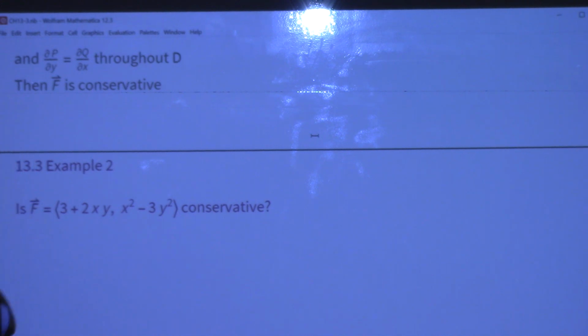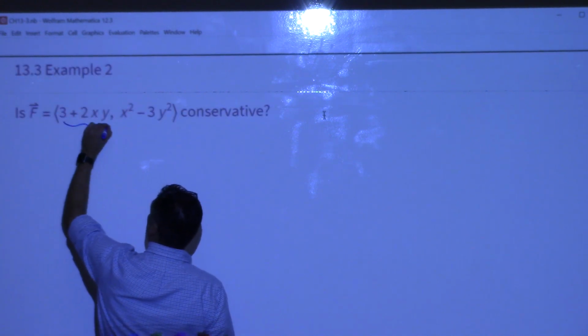For conservative, if F is some field given to us, I'm going to write P, Q instead of P of x, y, Q of x, y. It's just some function, P, Q. Then F is conservative if partial P with respect to y equals partial Q with respect to x. That's what we have to check. So look at this. Tell me if this is conservative or not.